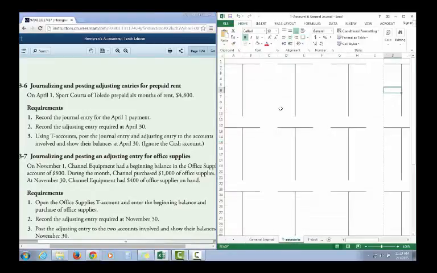All right, so we've got prepaid rent. So I'm going to make a prepaid rent T account. And we had cash. And we had, go down here, we had rent expense.